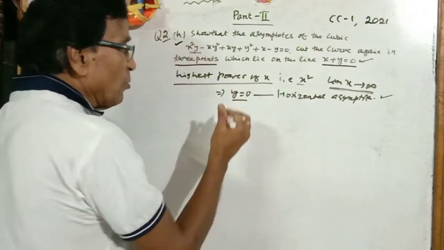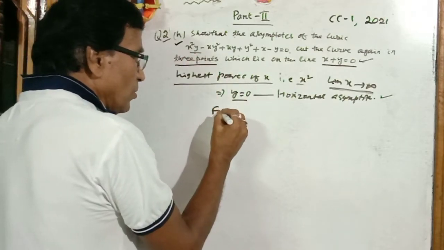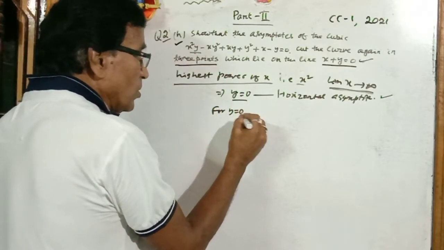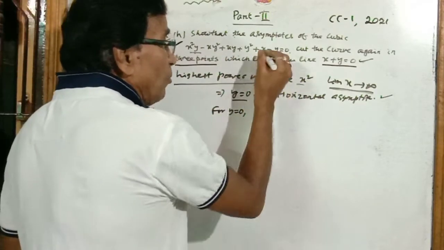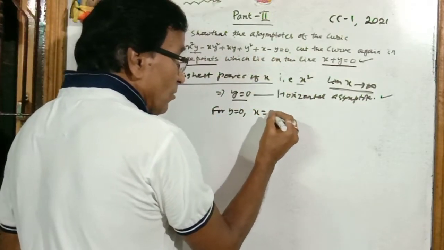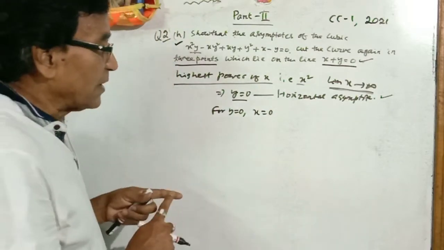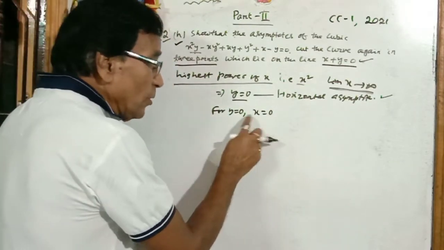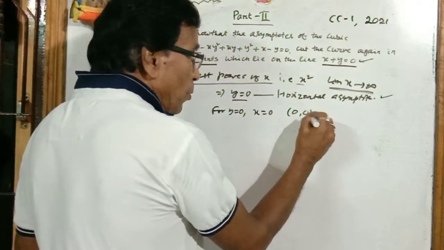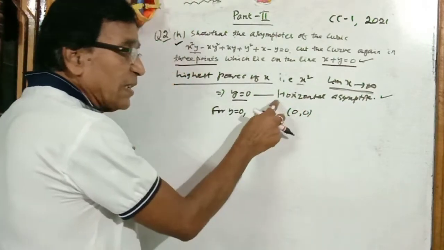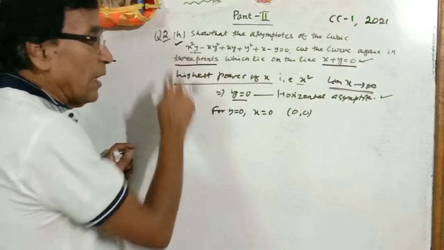We have to solve this equation. For y is equal to 0, if you put y is equal to 0 in this equation, then we get that x is also equal to 0. So 0, 0 is the point of intersection of this horizontal asymptote with the curve.